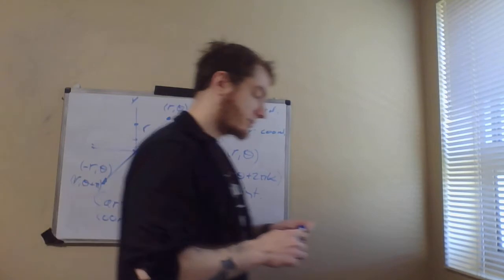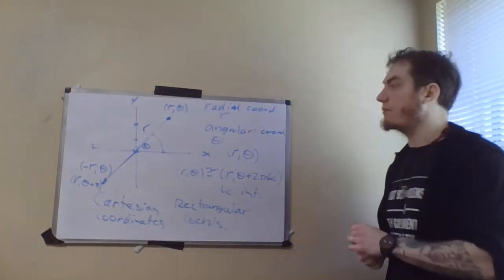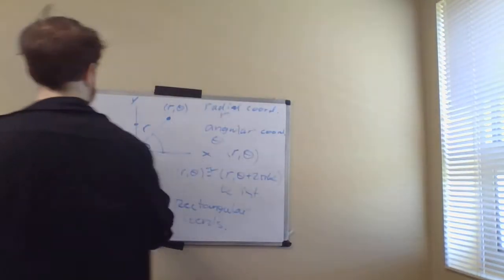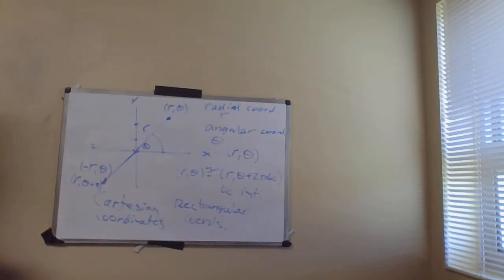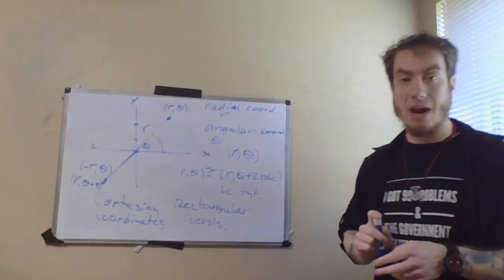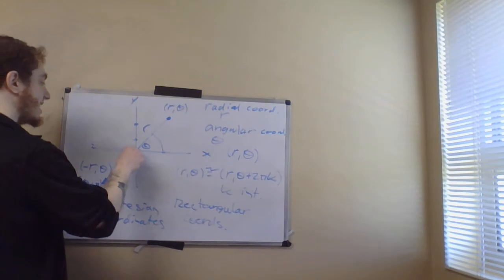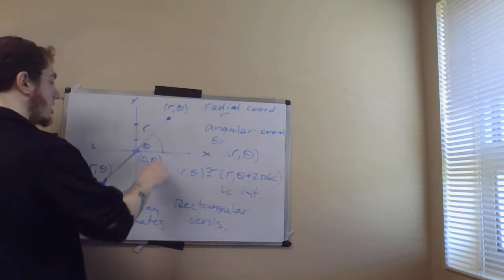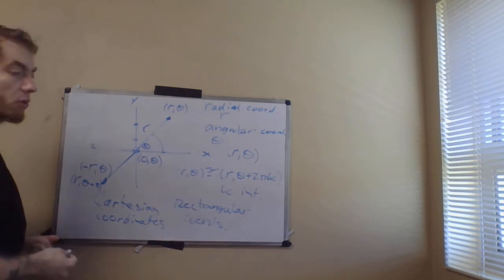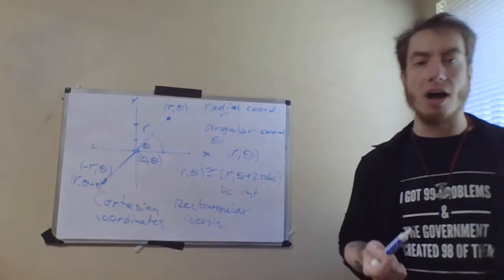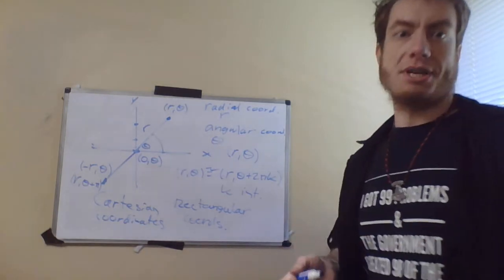So there are many different ways of expressing each point in polar coordinates, except for the origin. Well, sort of except for the origin, because the origin itself is also weird. The origin is literally anything with a radial distance of 0, but the angle doesn't matter at the origin because we're not actually moving. So we can spin around as much as we want, and we're still just at the origin.